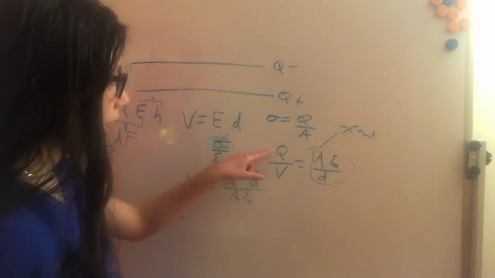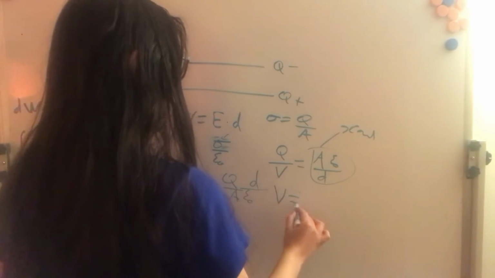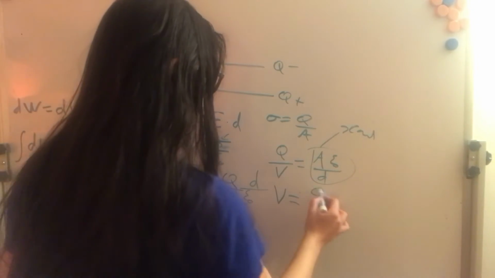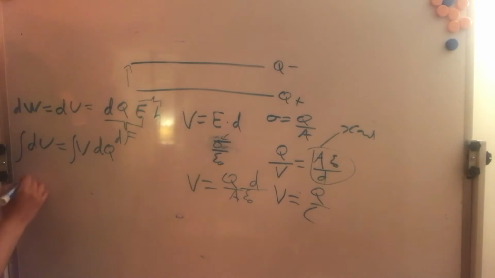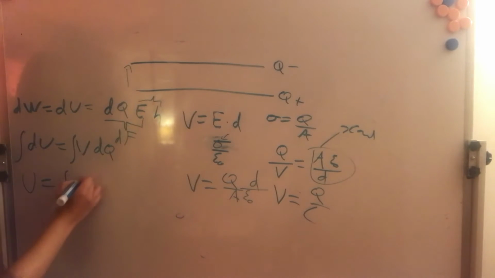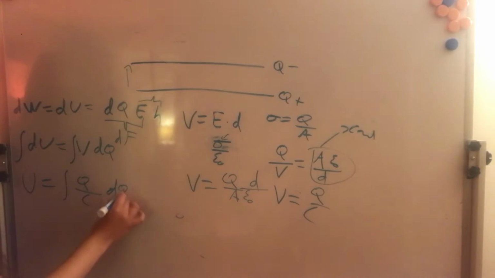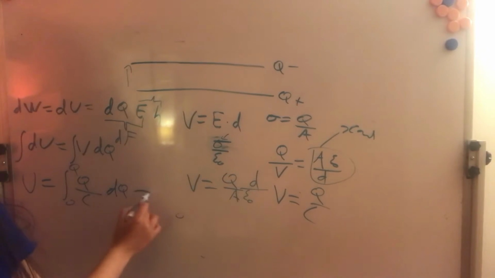So we have that charge divided by voltage is capacitance, or that the voltage is equal to the charge divided by capacitance. So here we have that U is equal to the integral of charge divided by C, dQ, from 0 charge to Q charge.